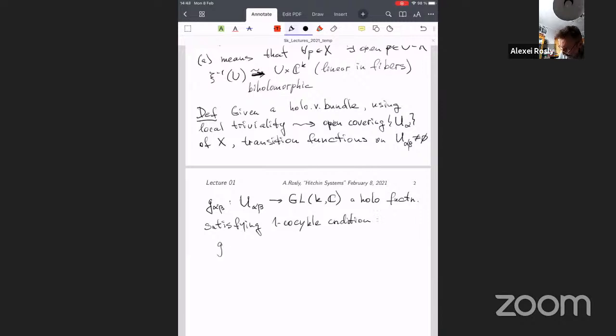Namely, on any triple intersection, the product of the transition functions equals the unity in the group.